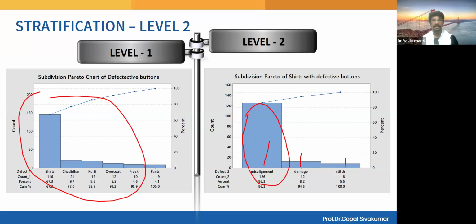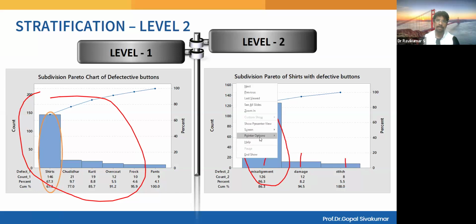Not just defective buttons, the shirts are having more defective button issues, and that too because of misalignment. So this Pareto helps you understand the crux of the problem very easily. Now the team could focus on what is required without any diversions. This is how stratification helps you understand more about the problem.